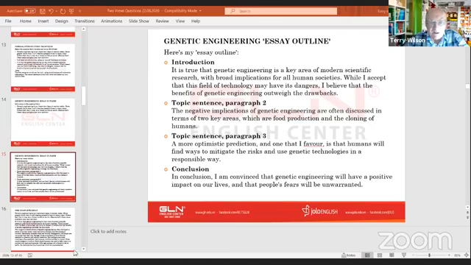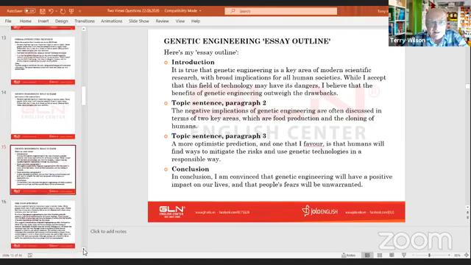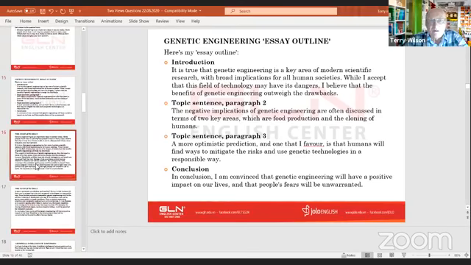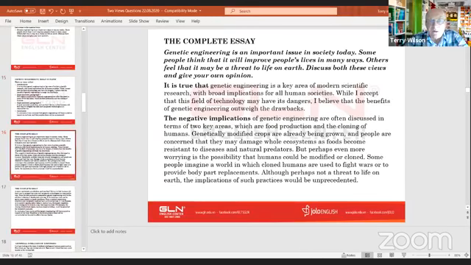And let's start looking at how that is translated into a complete essay. So there we have the question again, the introduction, and let's have a look at the complete paragraph. So the first sentence of the complete paragraph is my plan or outline.